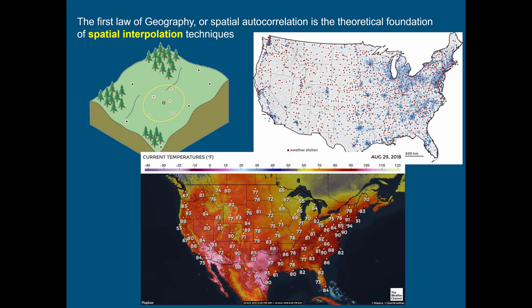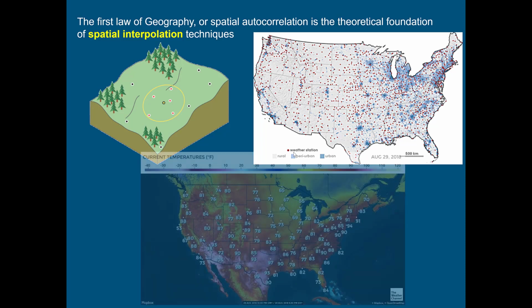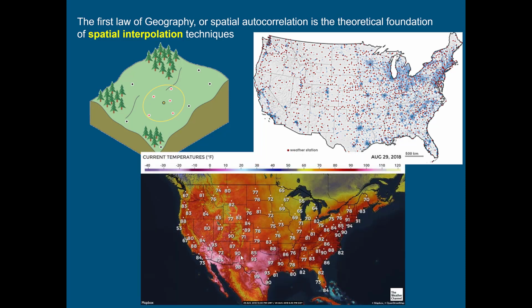For example, here across the United States, lower 48, those dots are the weather stations, as you can see here, right? But on the weather channel, for example, we have the temperature map covering the entire lower 48, you don't have those gaps, right? So for example, here in Nevada, we don't have any weather station.